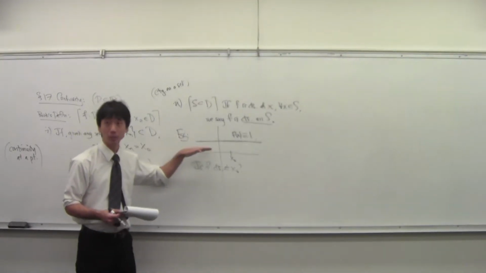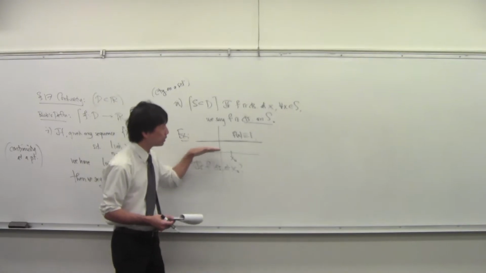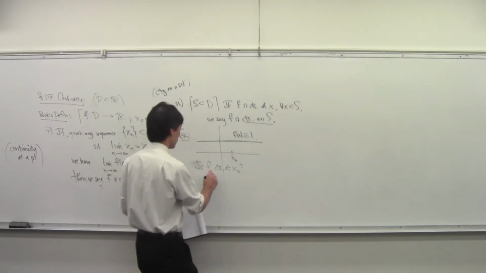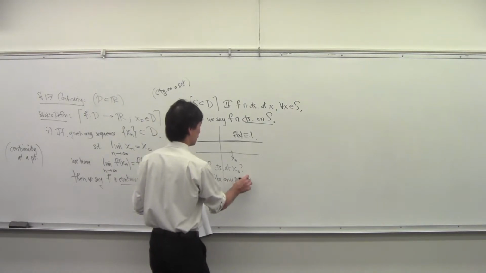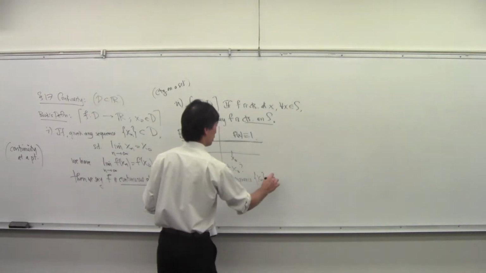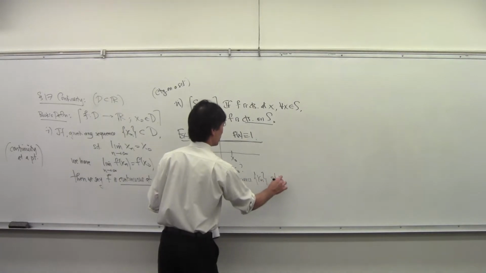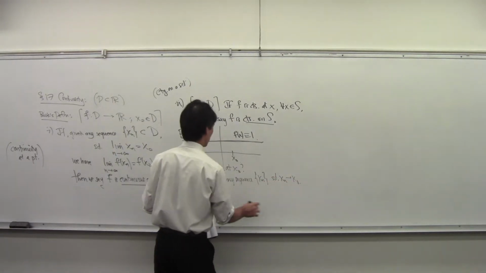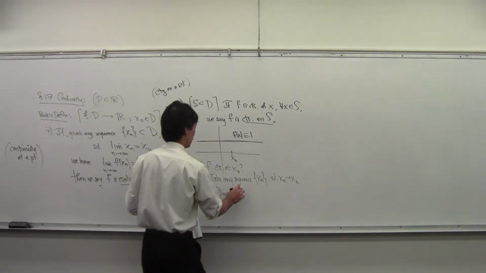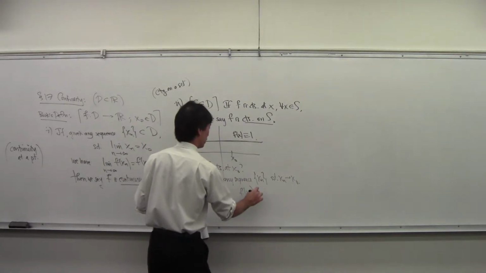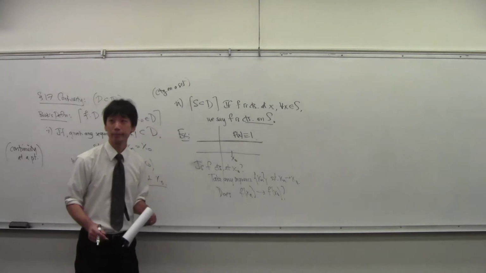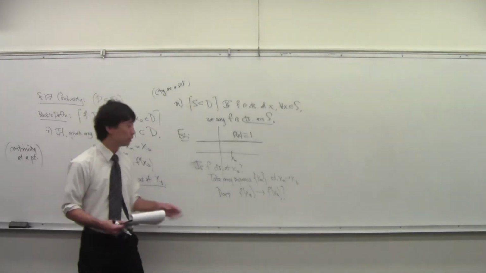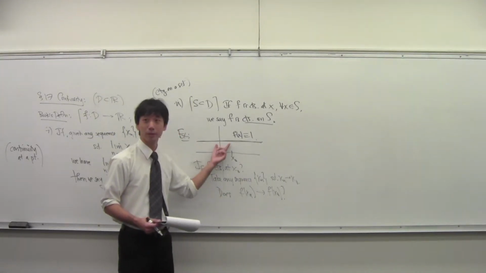By the book's definition, what do we need to see? We take any sequence x of n such that x of n goes to x naught. Does f of xn converge to f of x naught? Sure, because all the f of xn's are 1.